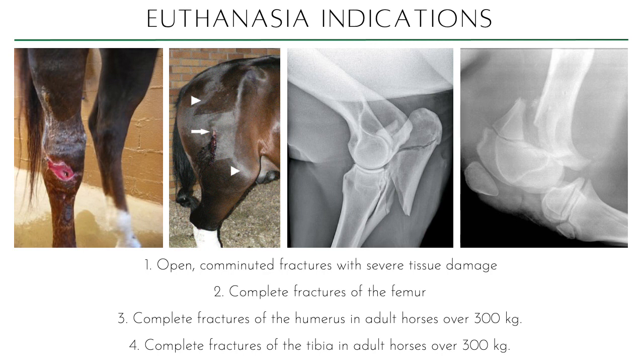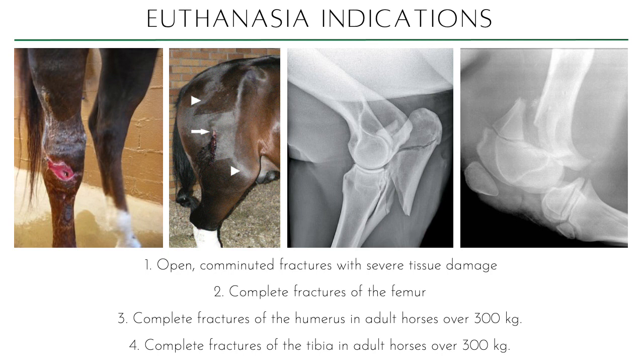Okay, so they're still developing it. They're doing experimentations and studies on it. So hopefully in the future, these fractures which were considered euthanasia indications will not be indications for euthanasia anymore. Hopefully.